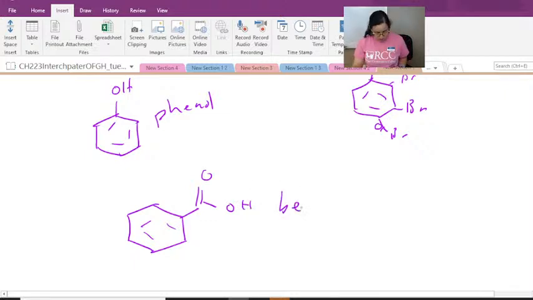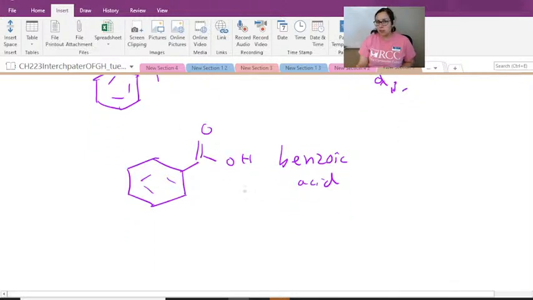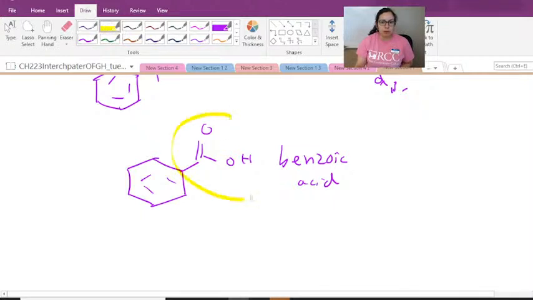So then you have benzoic acid, which would be our benzene acid form. So notice the carboxylic acid group. So that characteristic double bond O and OH.